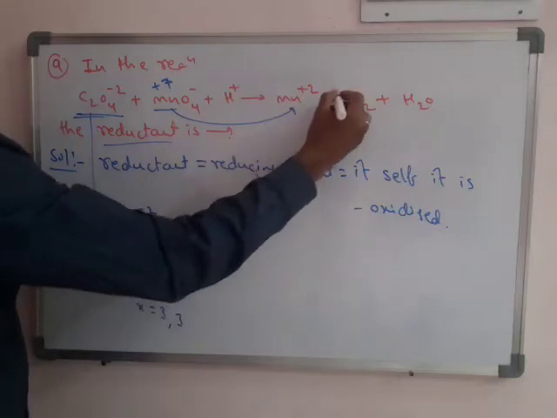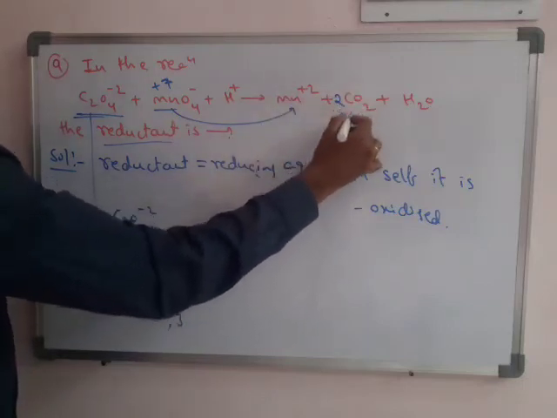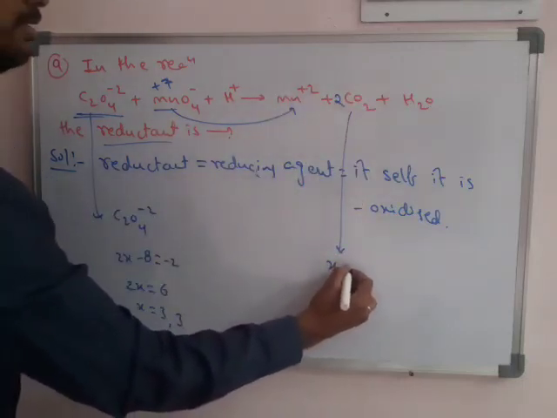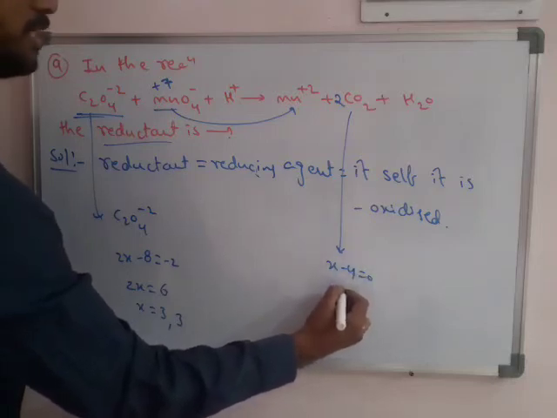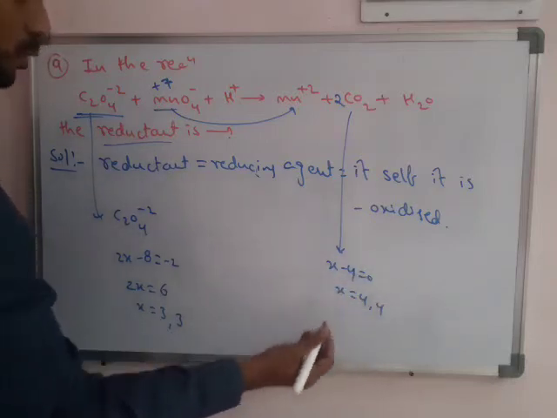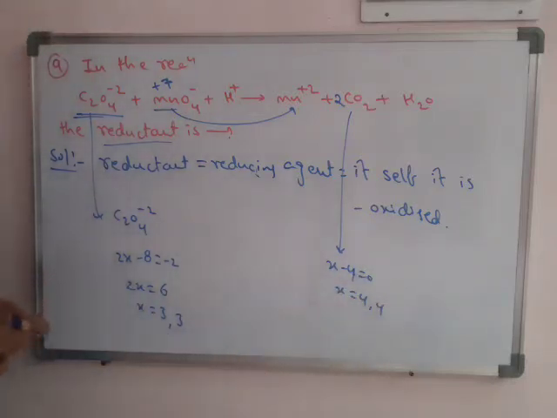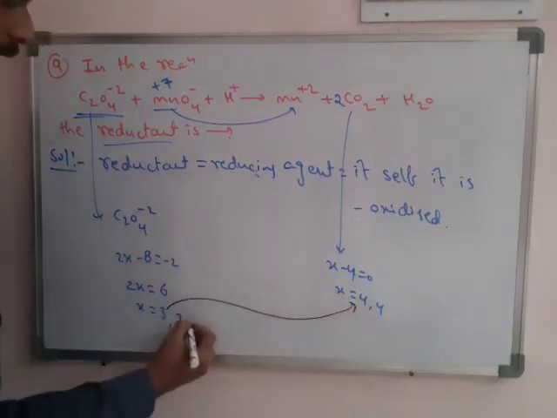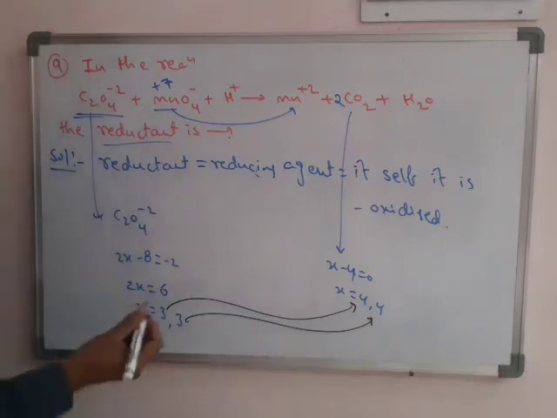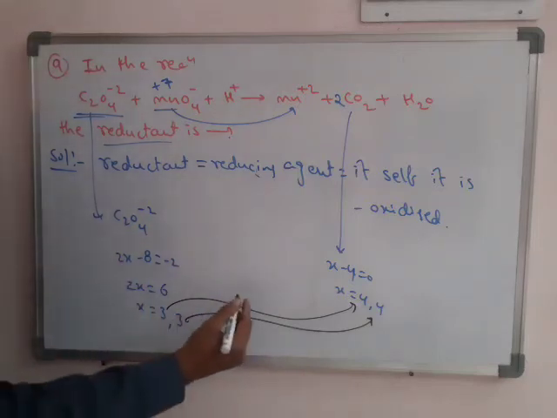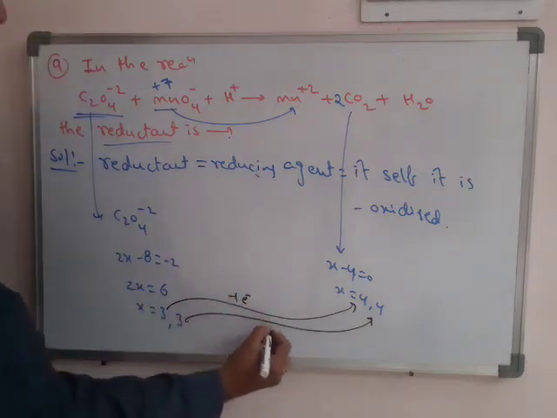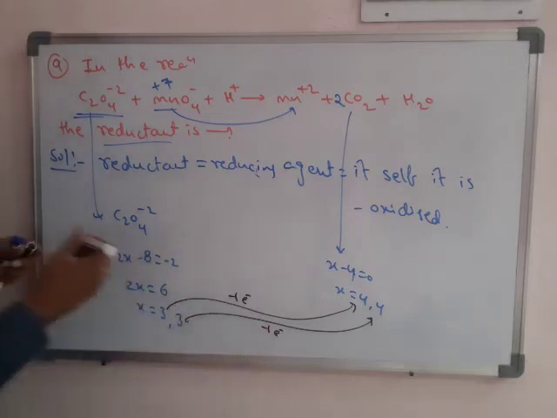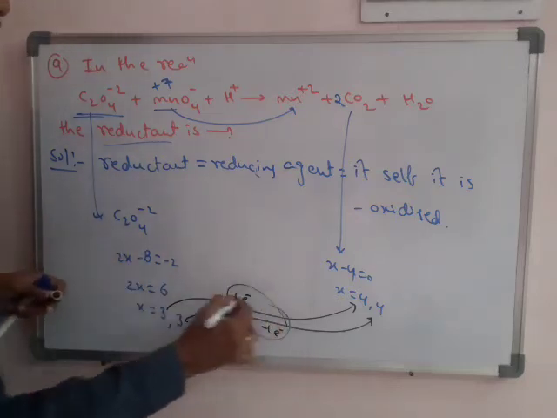So if you balance it, 2 carbons. So here carbon oxidation number x minus 4 equals 0, x equals 4. Means 2 carbons are having oxidation number 4. So one carbon 3 to 4, other carbon also 3 to 4. Means their oxidation number increasing, this is -1 electron, this is -1 electron, totally losing of 2 electrons.